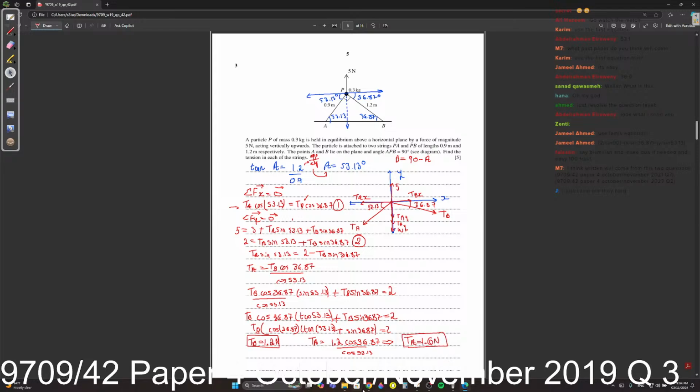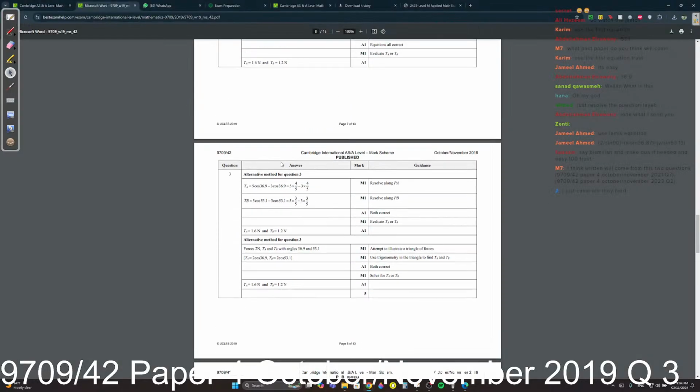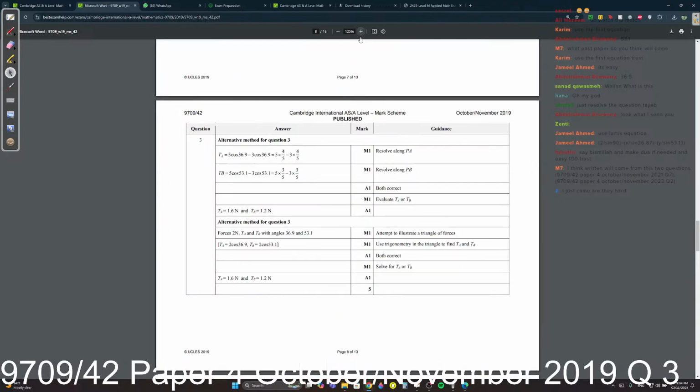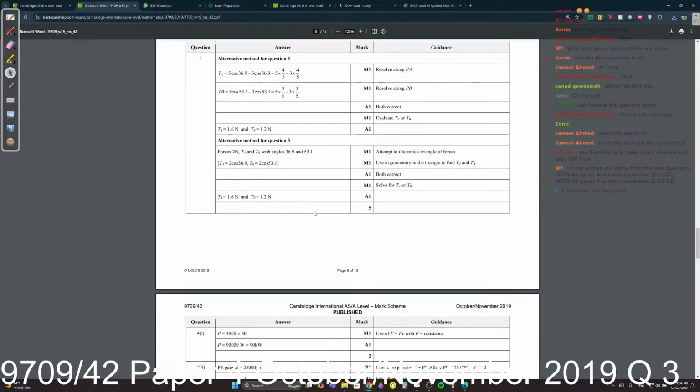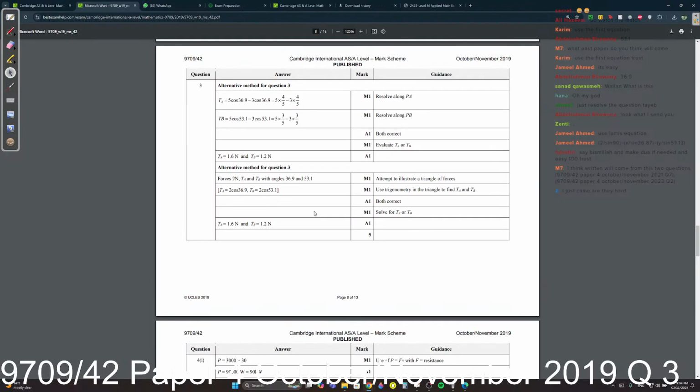You can use Lami's theorem. Let me see what Lami's theorem is.